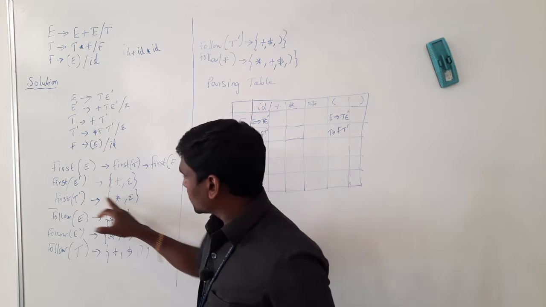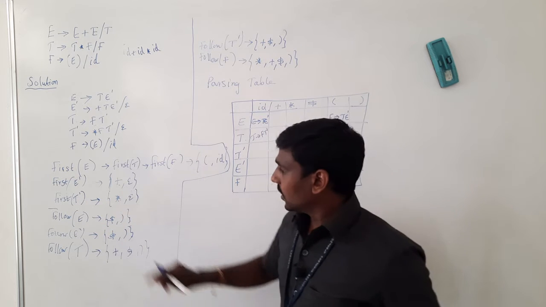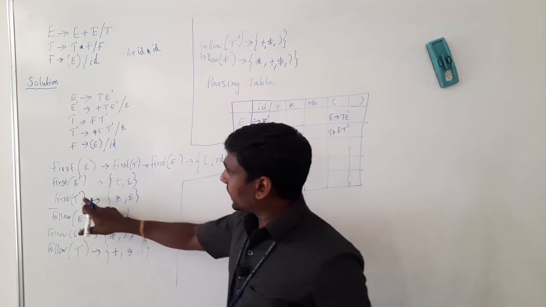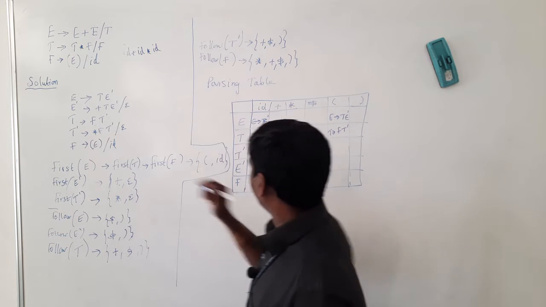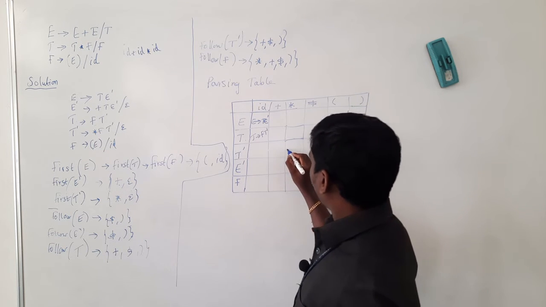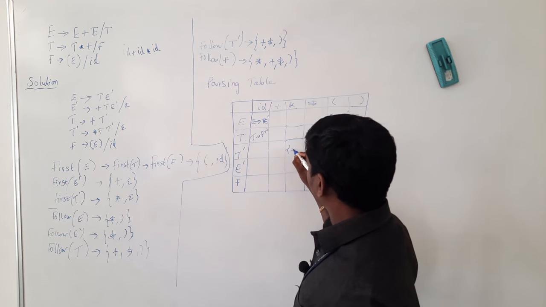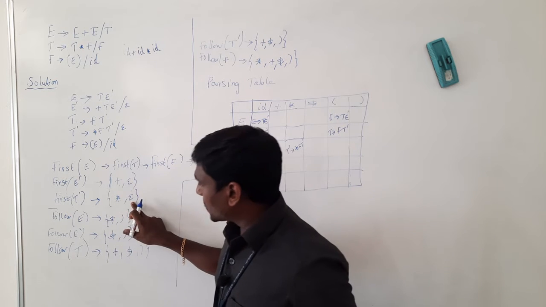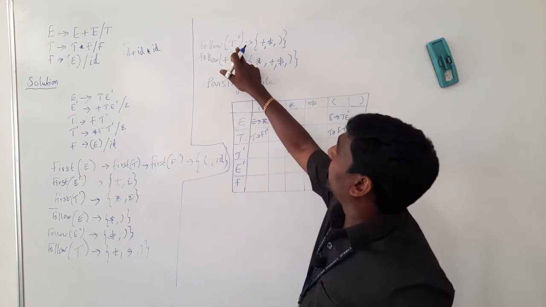Now I want to go for T dash. First of T dash is star, epsilon. For the star, I want to fill the T dash production, that is star F T dash. So under star, I fill T dash tends to star F T dash. And if there is epsilon, I go with the follow of T dash.